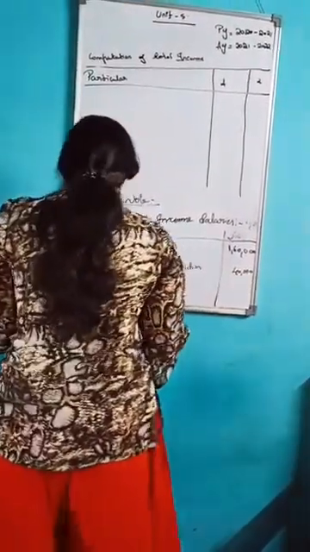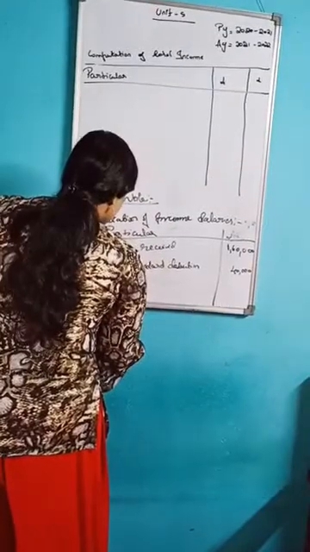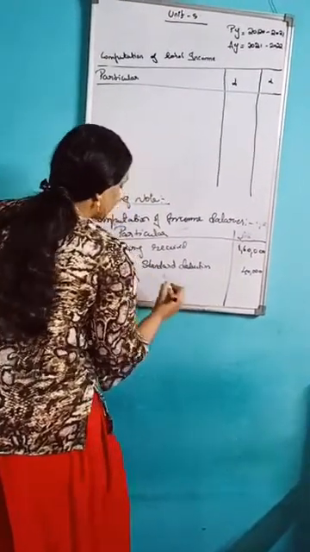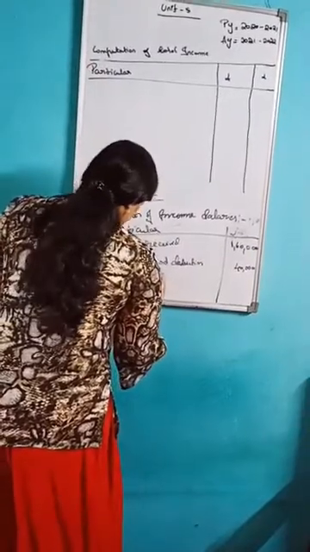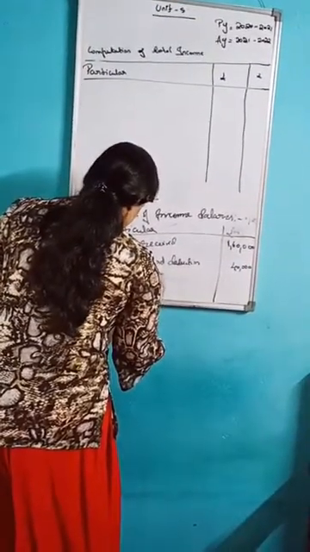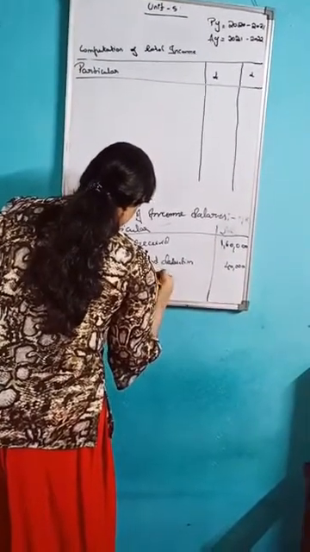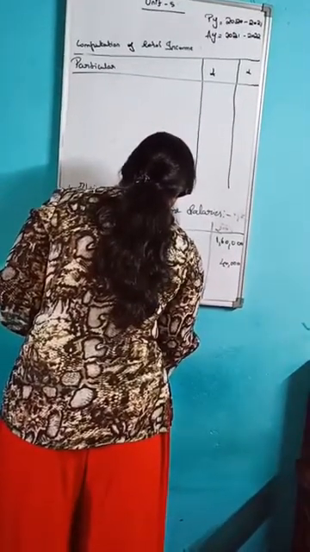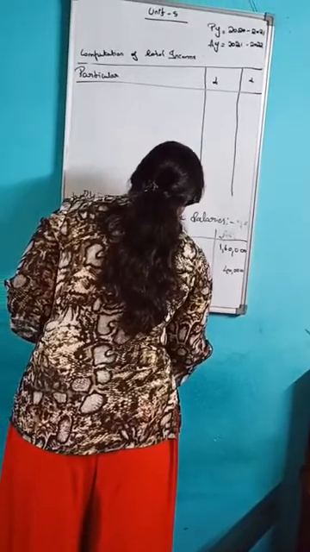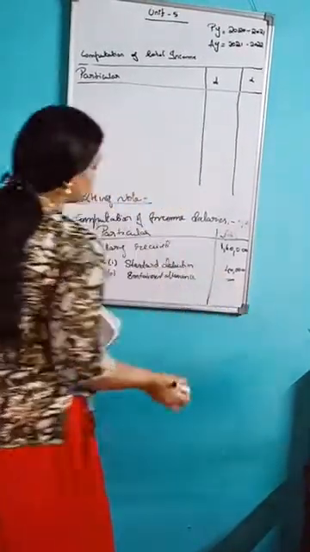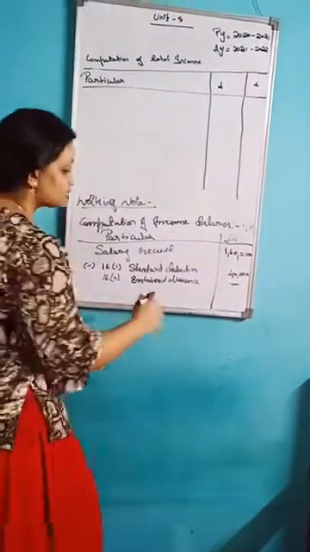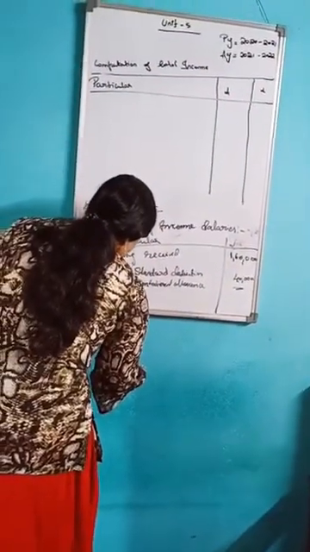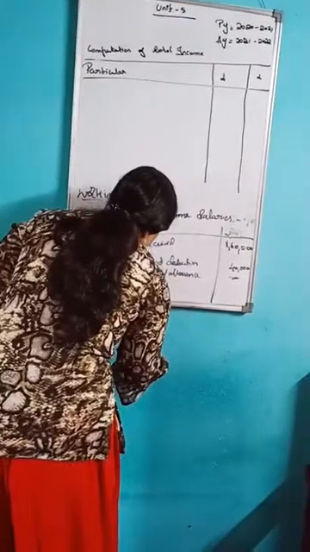Next, they did not give 16 subsection 2, the entertainment allowance. In the question they did not give any entertainment allowance, so you just put nil. Next, 16 subsection 3, that is professional tax.